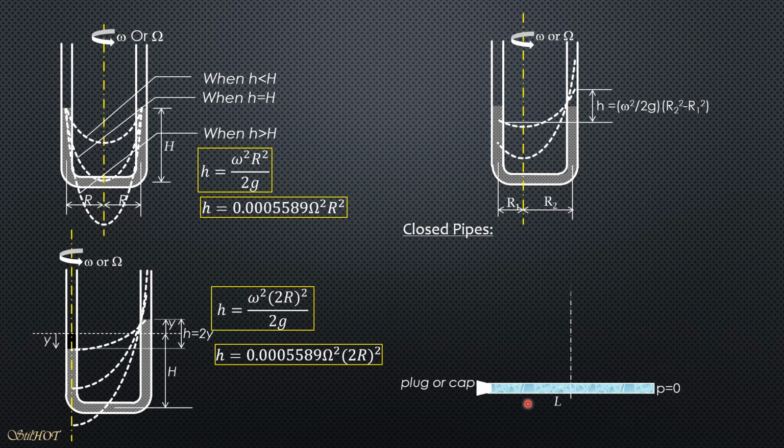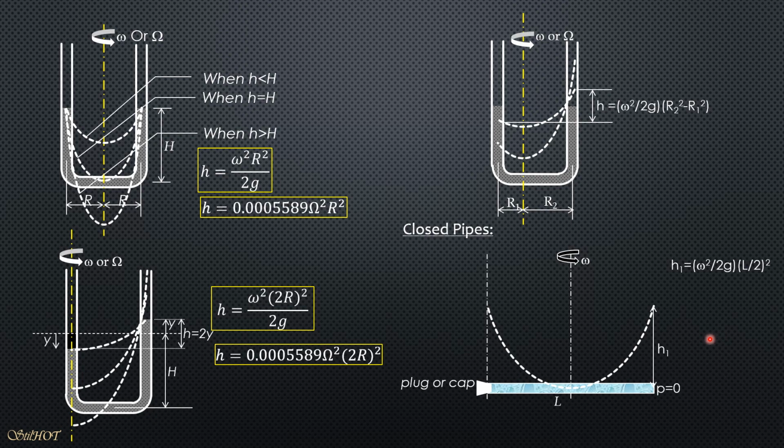The length of the pipe is L. If in the first case the pipe is rotated about the center, then the vortex forms here because the pressure here is zero, and it will assume that shape, which is parabolic, and the height h1 is omega square over 2g times L over 2 quantity square, because the radius is L over 2.